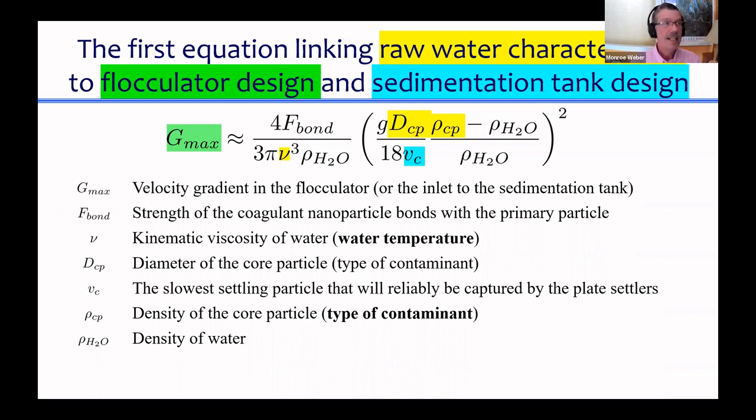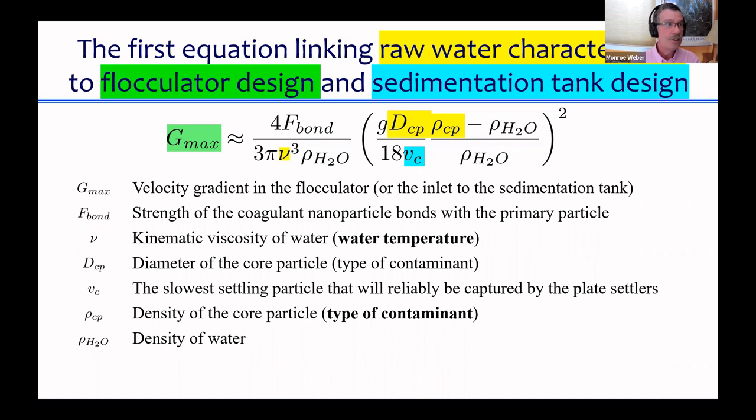This explains something that has been a mystery for a very, very long time: why are flocculation and the performance of a water treatment plant so strongly influenced by temperature? This equation tells us why. It's because nu is cubed in this equation.